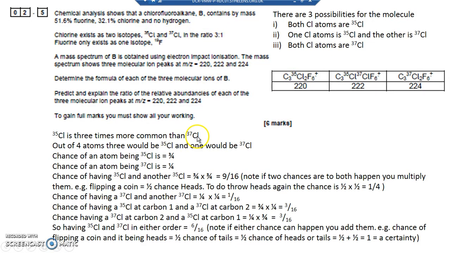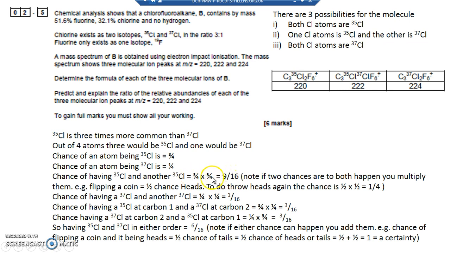So what you actually do is, if I've got 2 35s, the chance of getting one 35 is 3/4, the chance of getting a second 35 is another 3/4, and to work out the chance of getting both, you multiply the two together. 3/4 times 3/4, you could do it on a calculator, equals 9/16.